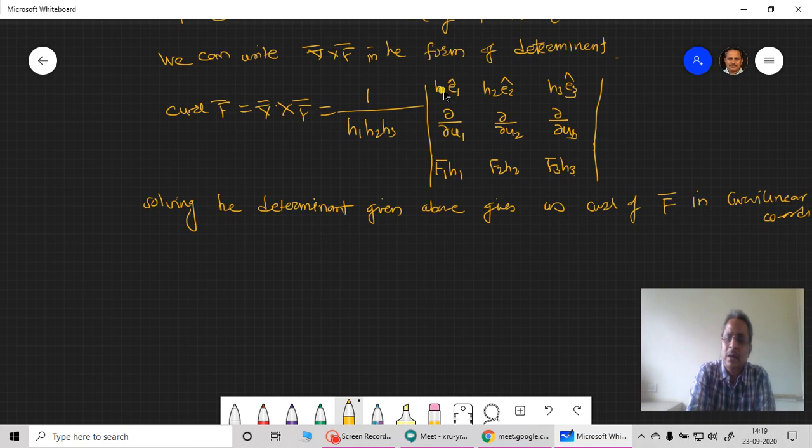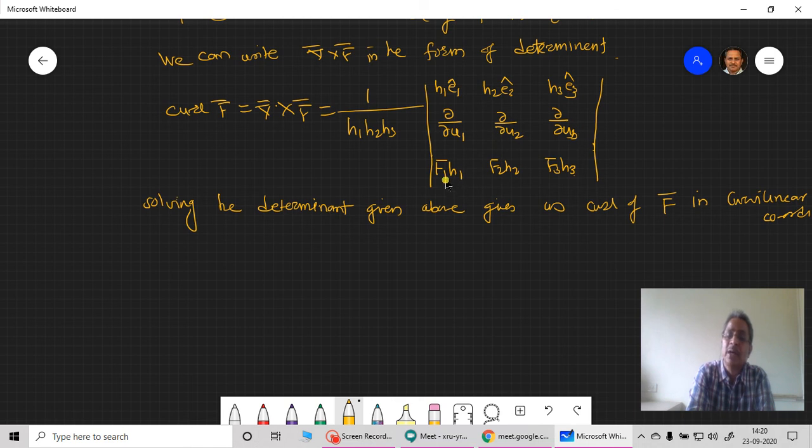Then the first row of this determinant is the unit vectors along with their scale factors h1, h2, h3. Second is the components of this del bar, the vector differential operator, along three different directions: dab upon dab u1, dab upon dab u2, dab upon dab u3.